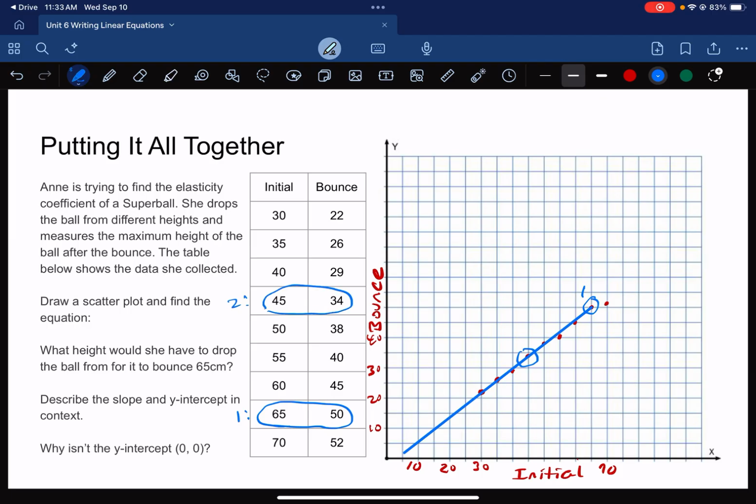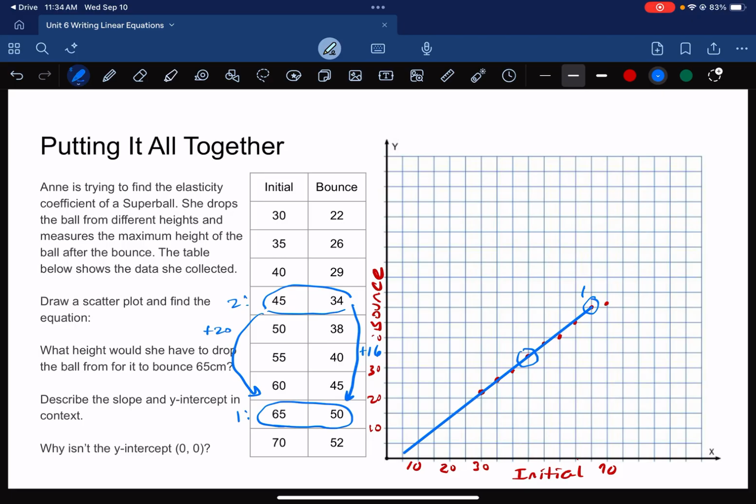So let's use those two to figure out our slope. Change in x, 45 to 65, is a plus 20, and the change in y, 34 to 50, is a plus 16, right?